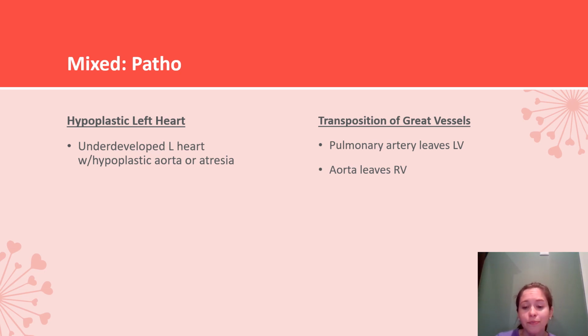Normally, our aorta is connected to the left ventricle, and our pulmonary artery is connected to our right ventricle. But in transposition of the great vessels, they have flipped. Now the pulmonary artery is connected to the left ventricle, and the aorta is connected to the right ventricle. And I'm going to show you a picture.